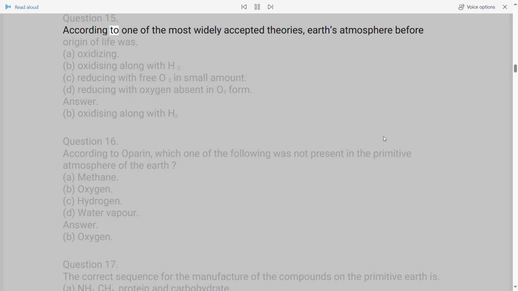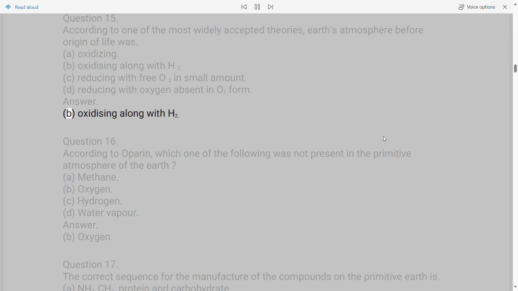Question 15. According to one of the most widely accepted theories, Earth's atmosphere before origin of life was A. Oxidizing. B. Oxidizing along with H2. C. Reducing with free O2 in small amount. D. Reducing with oxygen absent in O2 form. Answer.